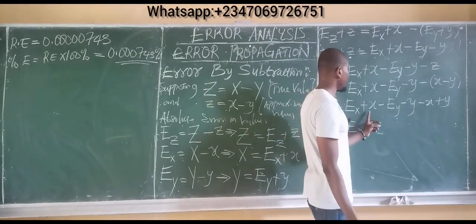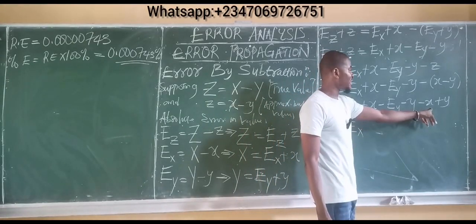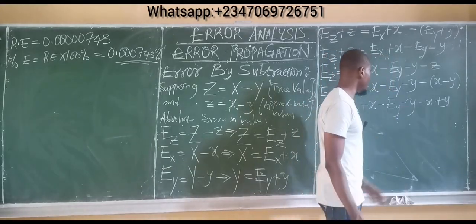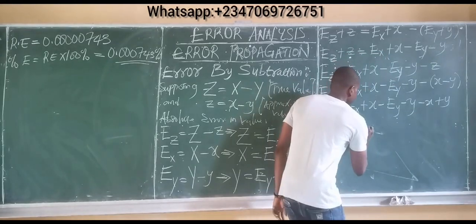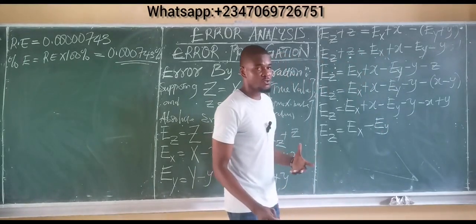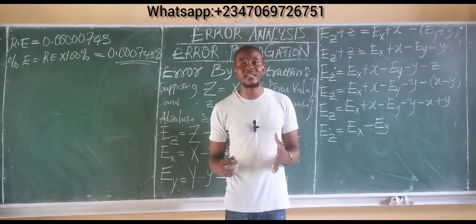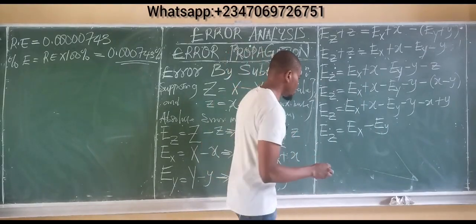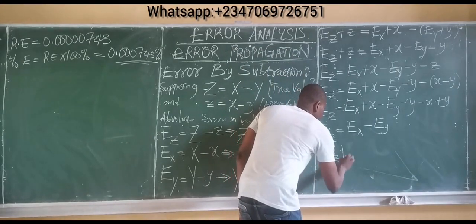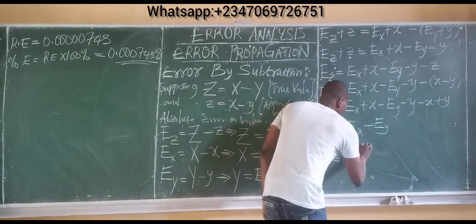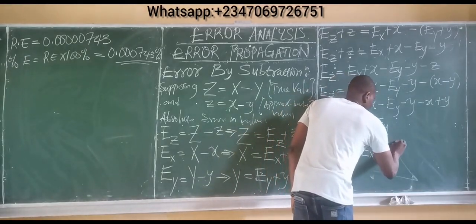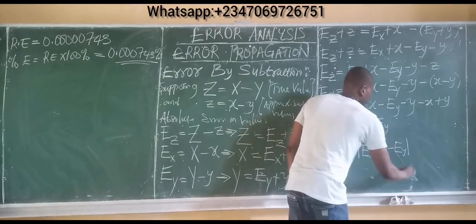Now observe that plus x minus x actually cancels out. Again, minus y plus y also cancels out. So I'm left with error in x minus error in y. But not forgetting to always take your modulus, because the error is a modulus function. So if you take your modulus, the modulus of error in z is going to be equal to the modulus of error in x plus the modulus of negative error in y.